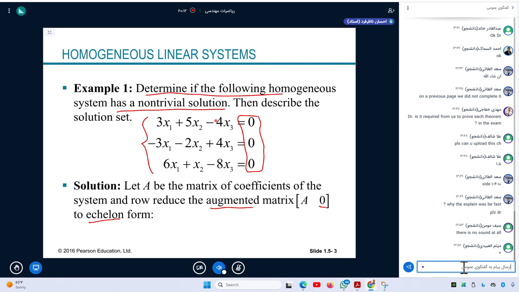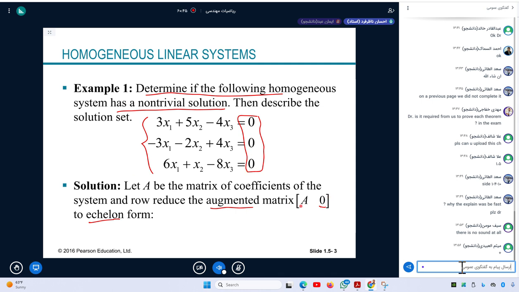This was the equation that we were given. 3, 5, minus 4, 0. So look at these coefficients. Minus 3, minus 2, 4, 0. 6, 1, minus 8, 0. You remember the augmented matrix means putting these coefficients all together and the last column will be 0, 0, 0.